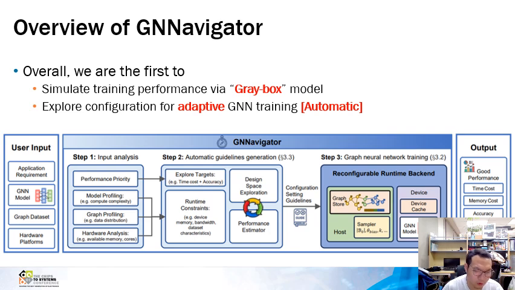Finally, we come to training. Users receive the guidelines in the form of training configuration settings and apply these settings on GNNavigator's runtime backend of GNN training. Finally, we get the output. GNNavigator guarantees that the actual training performance not only satisfies application requirements but also outperforms other handcrafted designs.